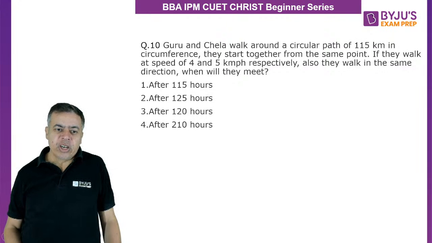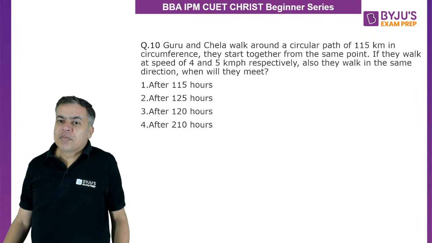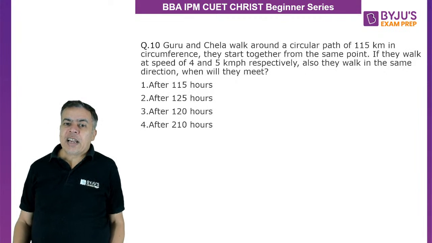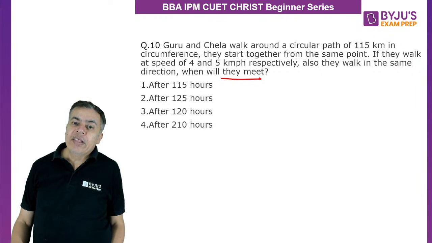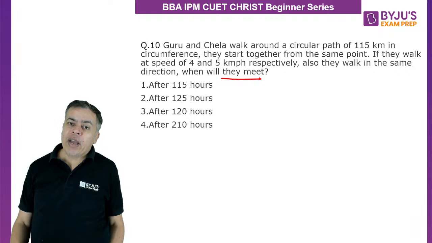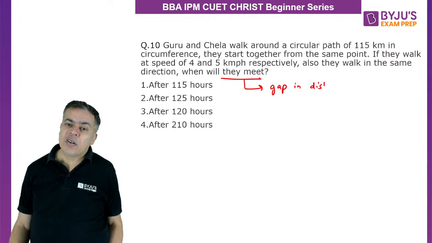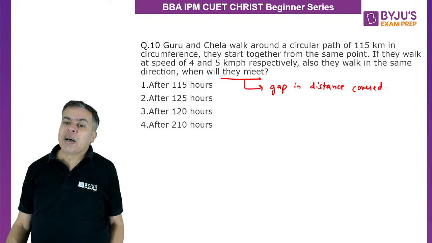Okay, this is a question on circular races. In case of circular races, the meeting will happen when their gap in the distance covered becomes an integer number of circles.